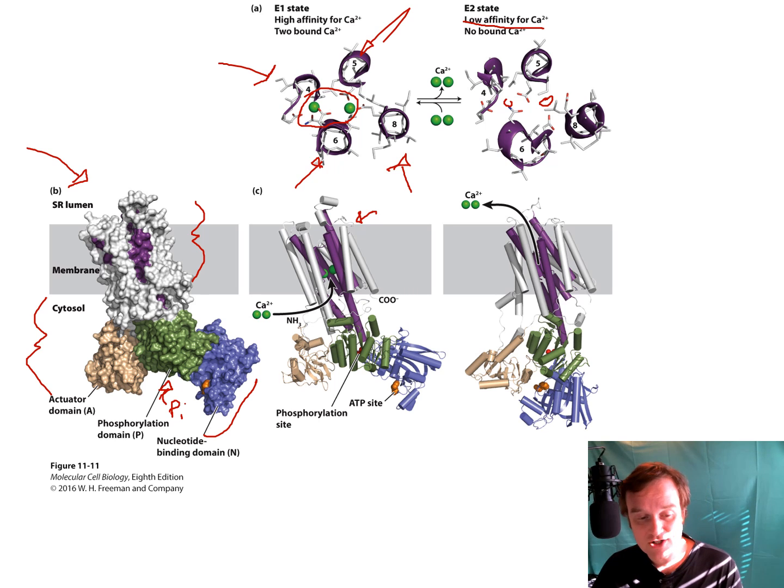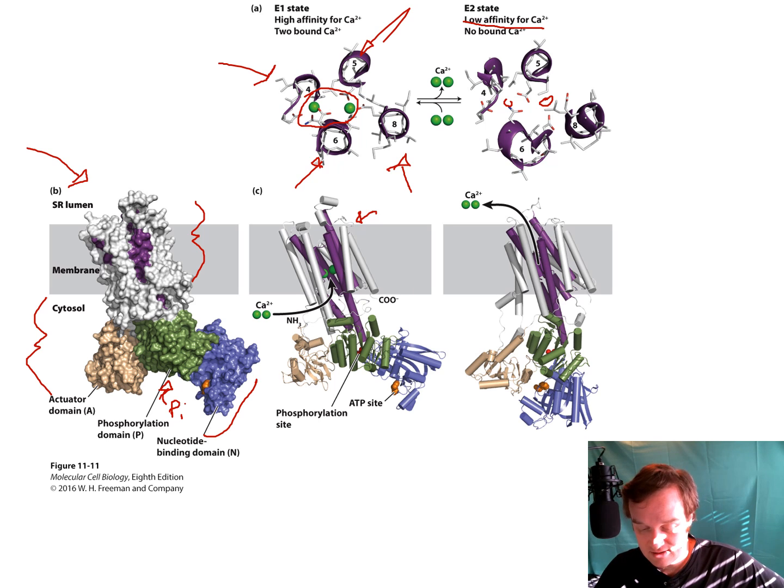And then the actuator domain connects 2 of the membrane's helices, and it relays that phosphorylation change at the phosphorylation domain to the actual transmembrane proteins. So it's kind of the switch, so to speak.